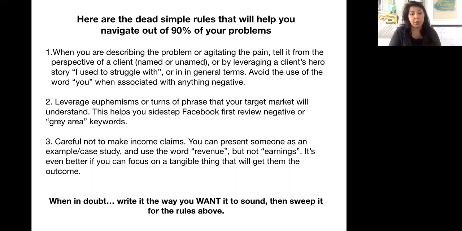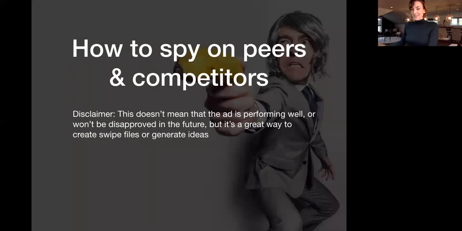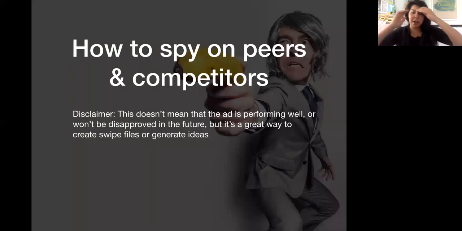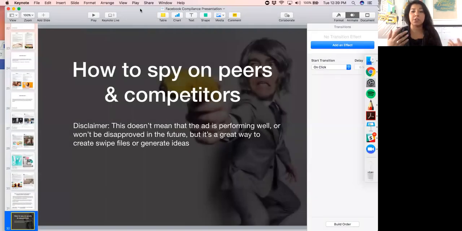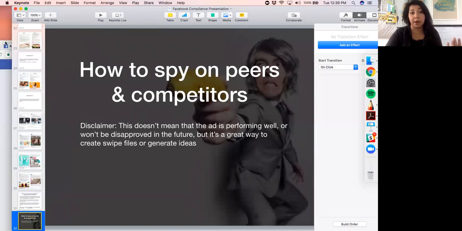Cool. So here's some fun stuff: how to spy on your peers and competitors, if we have time. I'll walk you through this. This new functionality is a result of Facebook wanting to make advertising transparent.